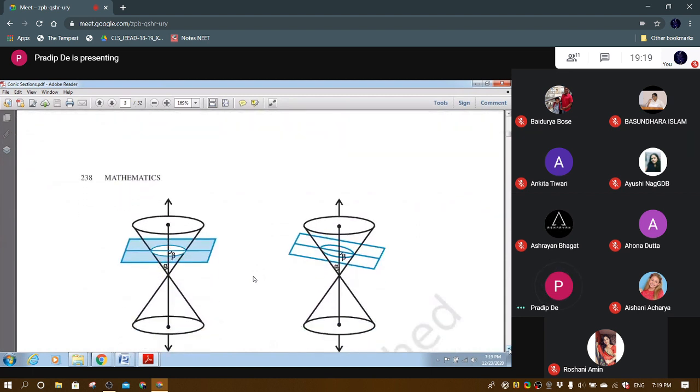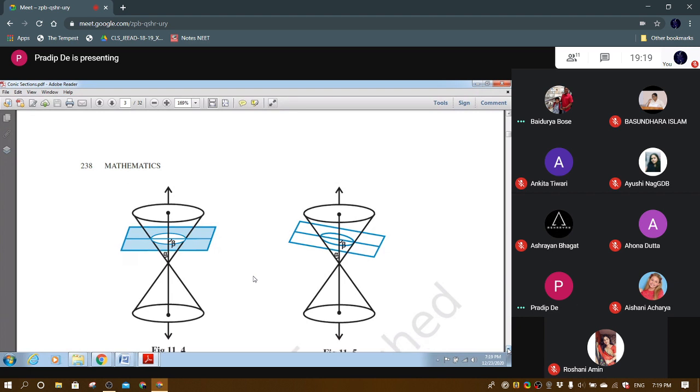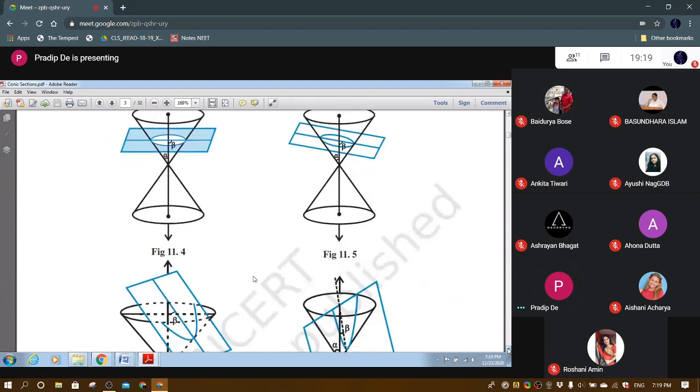First diagram. Beta is 90 degree and you get a circle. Now you can understand. Second diagram. Beta is less than 90 but more than alpha and you get an ellipse. You can visualize now. Here you are.